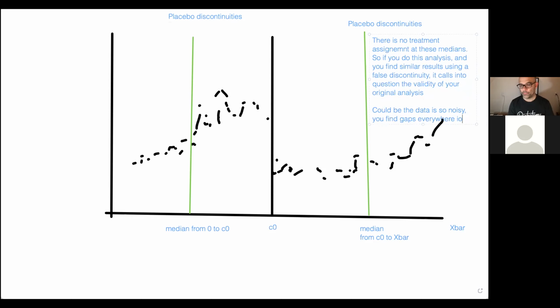In other words, with placebo analysis, you pretend there are discontinuities and repeat your analysis for those, hoping to fail to reject the null at those other two medians. Lee and Lemieux, I think it's 2008.